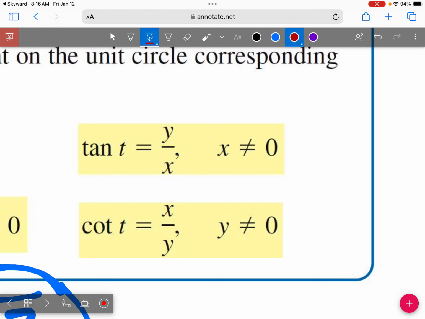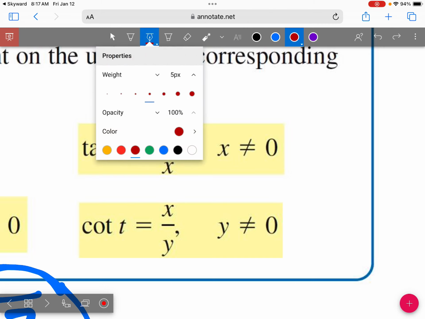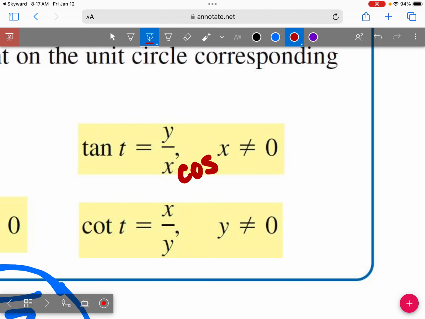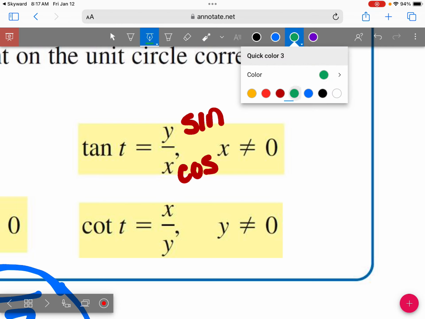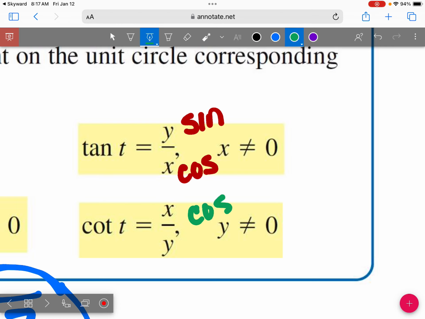So in other words, you have to divide the sine by the cosine. And for cotangent, you divide cosine by sine. So those require the most amount of work. So now let's do our tangent.